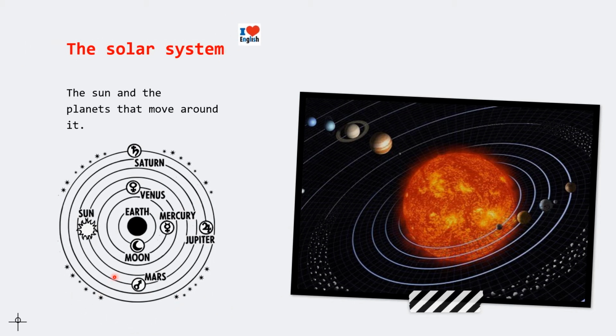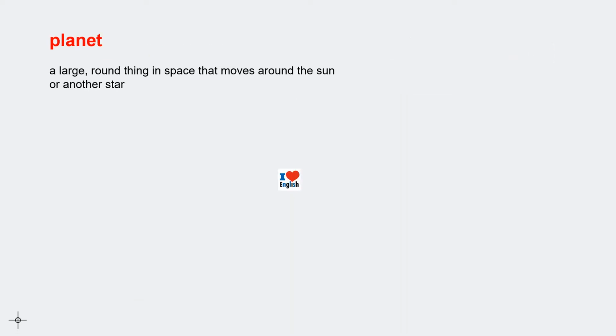We have 8 planets that move around the sun. The second word is planet. What do you mean by planet? It's a large round thing in space that moves around the sun or another star.